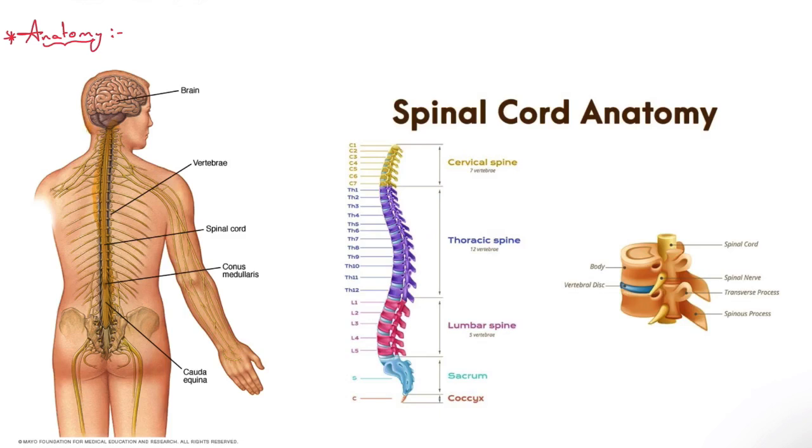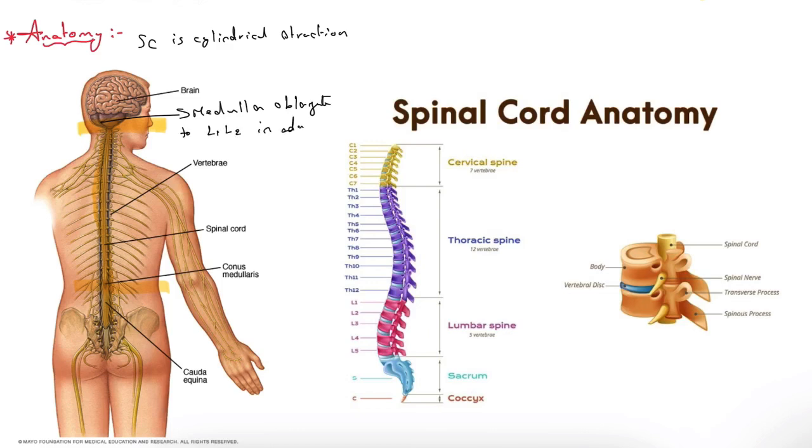It extends from the medulla oblongata to L1 and L2, mostly in adults.